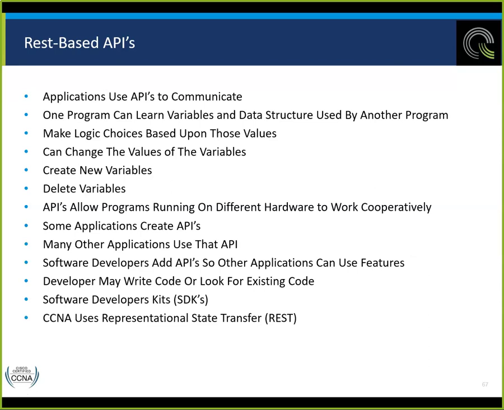All it has to do is use its ASICs and send the data out the correct interface. We can create new variables, delete variables, and allow the programs running on different hardware to work cooperatively. The APIs do that. They're the standardization that we're going to use for these things.